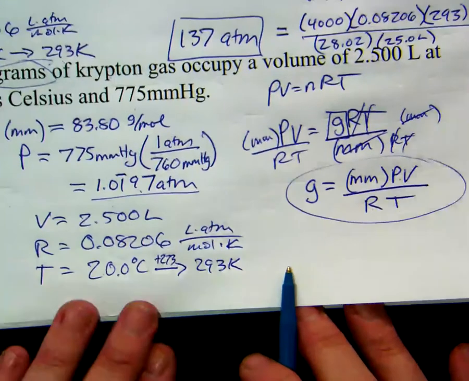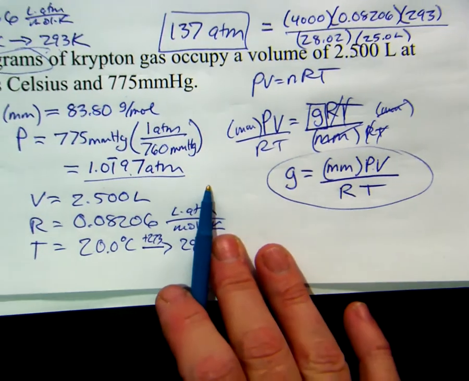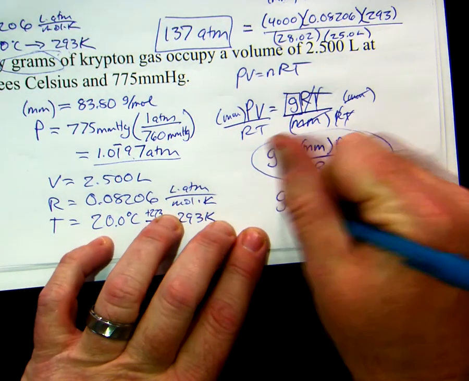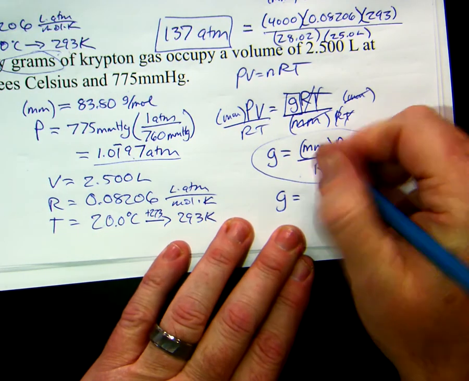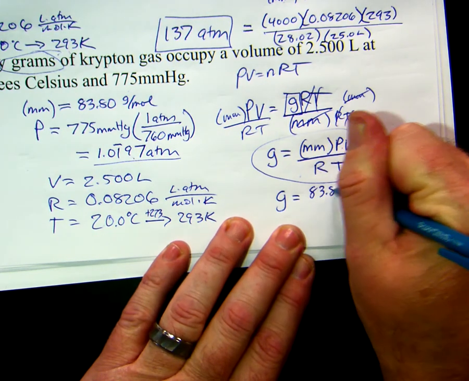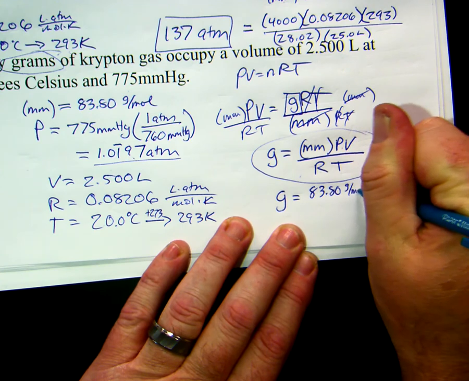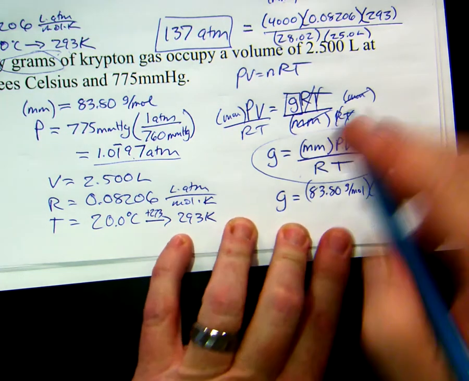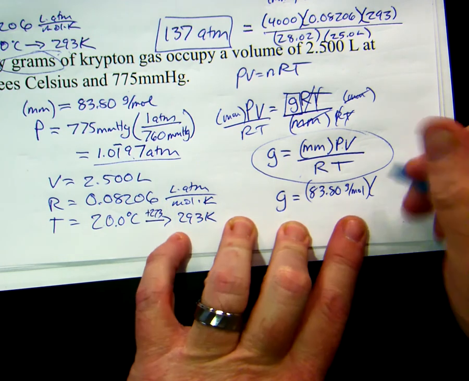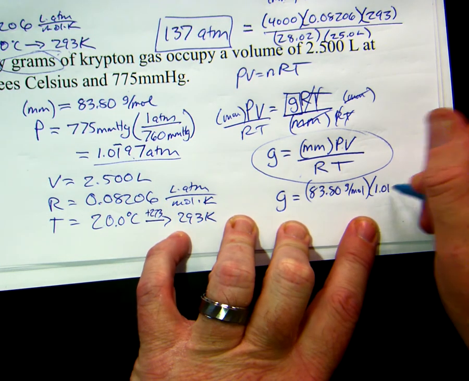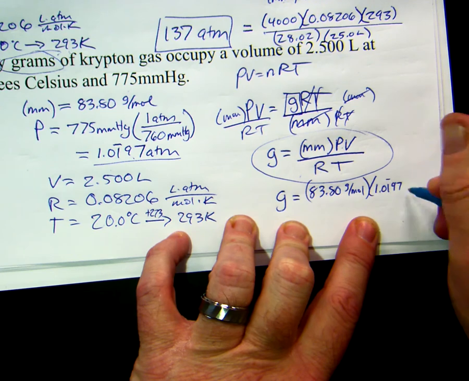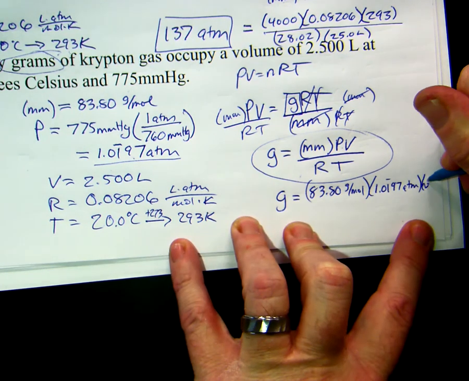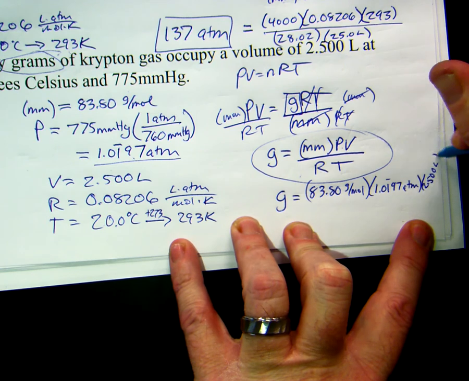All right, so I have all the values now to plug into my expression. So grams would equal the molar mass, 83.80 grams per mole, times pressure times volume. So my calculated pressure in atmospheres is 1.0197, times 2.500 liters.